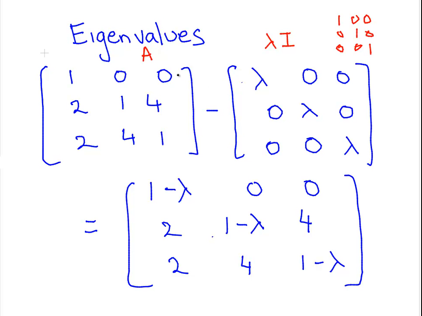So when we subtract A minus lambda I, we get this matrix here. Now what we are looking for is the determinant of that matrix. That gives us the characteristic equation. We let that equal 0 and then solve for lambda. So we should get 3 solutions for lambda.